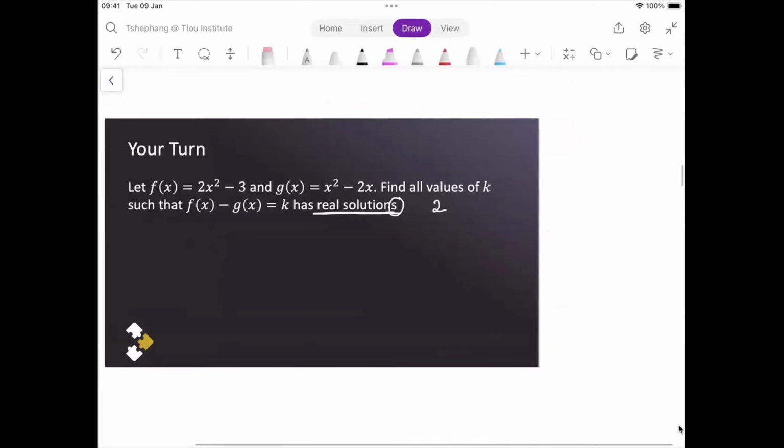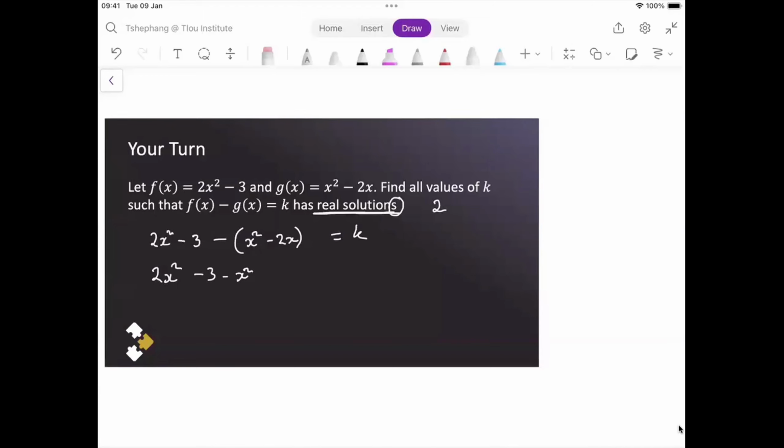Now, f of x minus g of x. f of x is just 2x squared minus 3, minus what? Minus (x squared minus 2x) is equal to k. Hope everyone is with me there. I just subtracted g of x from f of x. Now we're going to have 2x squared minus 3 minus x squared plus 2x is equal to k.